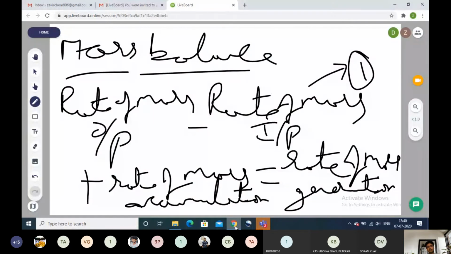Then we have to go for the mass balance equation. We already know the mass balance equation: rate of mass output minus rate of mass input plus rate of mass accumulation is equal to rate of mass generation.